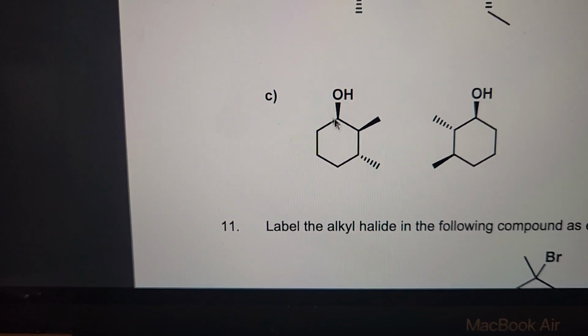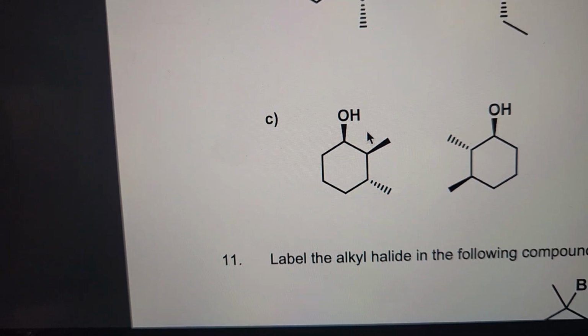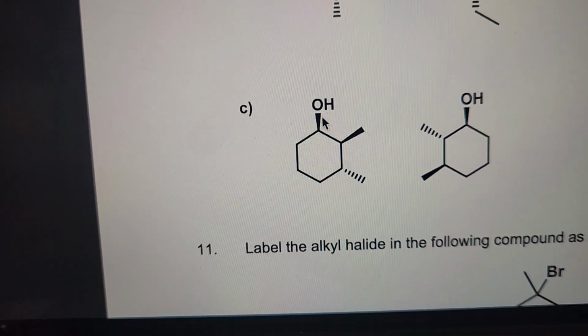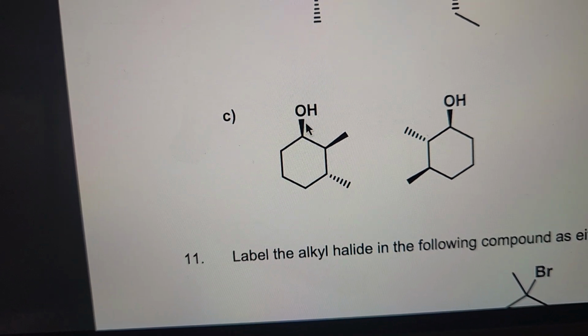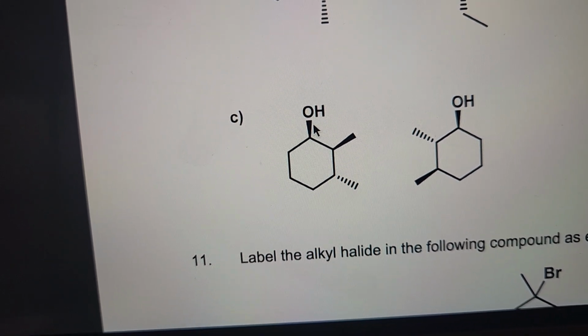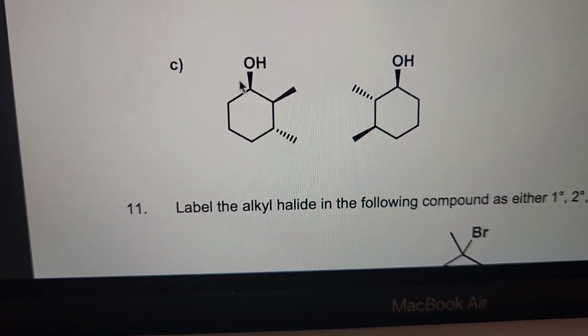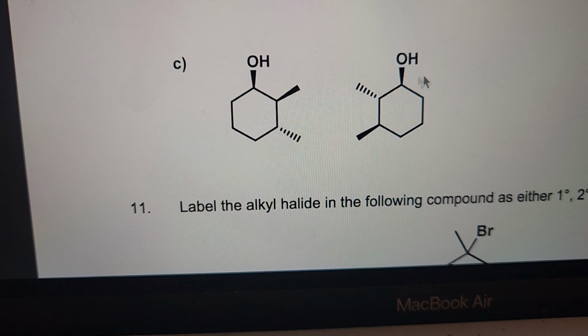In this case, you can identify if this is an enantiomer or not. So we know that this is a stereoisomer, but is it a mirror? So we notice that OH is the same.